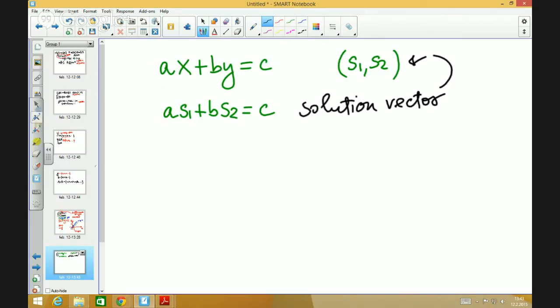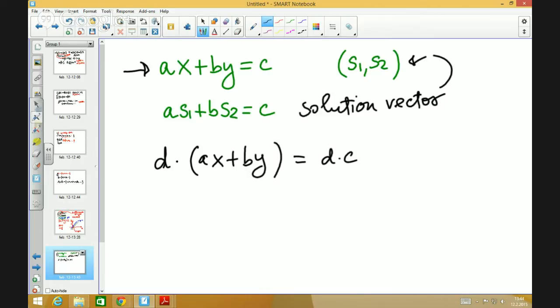Now, what I claimed was that I could actually take this equation here and multiply it by a non-zero number without changing the solutions. Okay, so let's do that. I multiply left and right of this equation by some number d. What I expect is that (s1, s2) is still a solution.